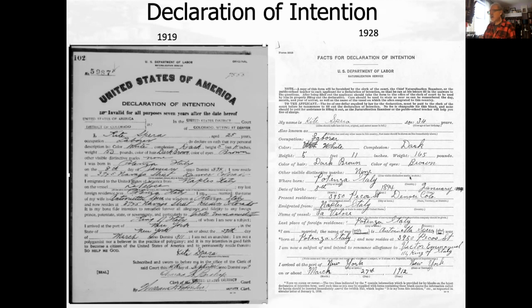It gives his date of birth and a little description. His occupation was laborer, so it does tell you a little bit more about that as well. And it tells you the date that he came over, March 12th, 1912. So anyway, that's that. I wanted to show you the fact that there had been 2 declarations of intention filed.